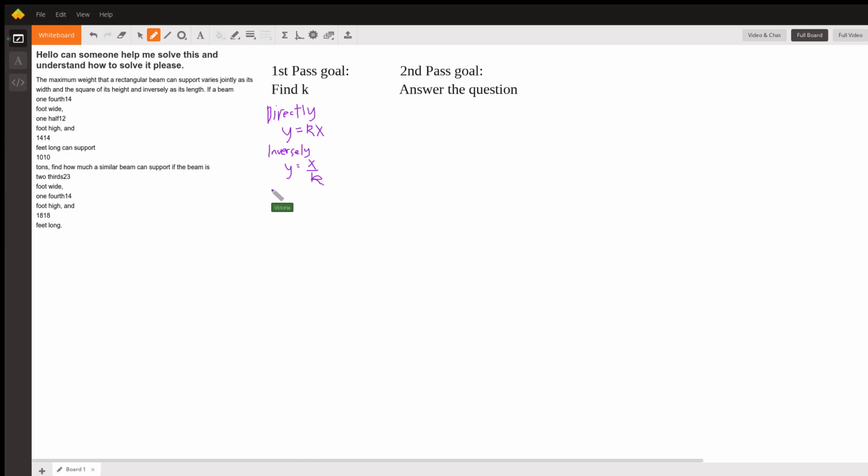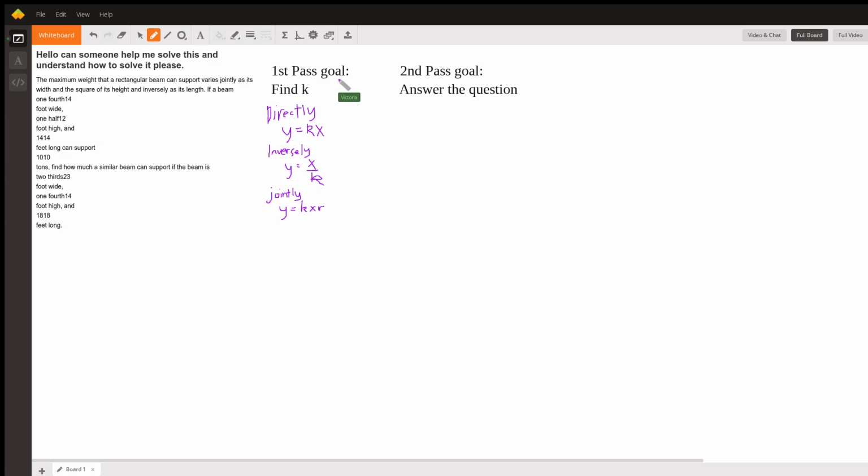And if y varies jointly, if it says jointly, so we say y varies jointly with x and r, then you write down y equals k times x times r.